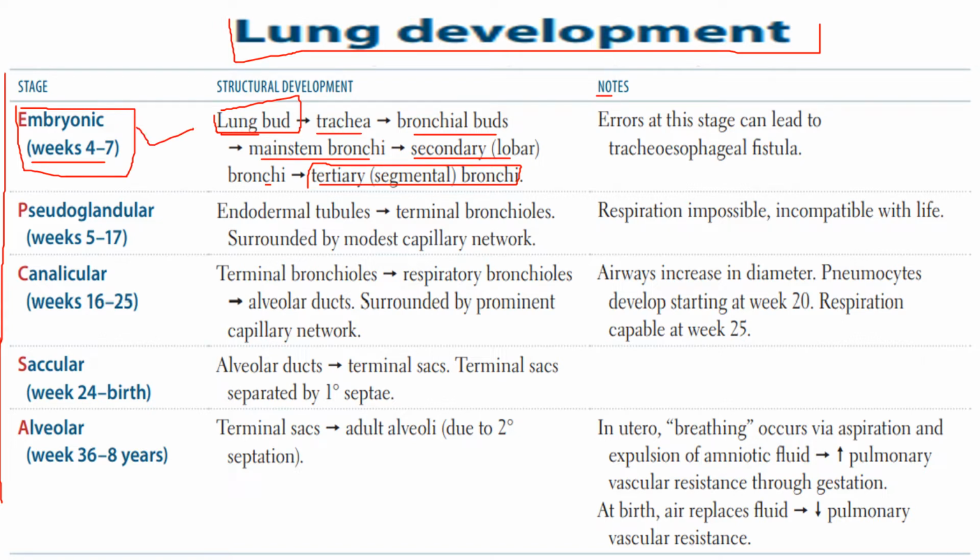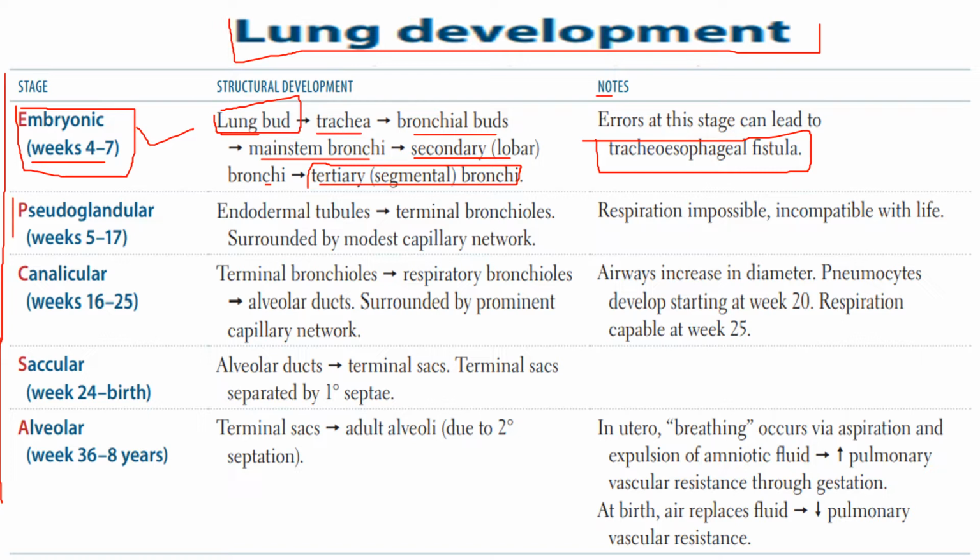Errors at this stage can lead to the tracheoesophageal fistula. Please do remember, error in the embryonic stage leads to the tracheoesophageal fistula. What is it? We'll see it in next slide.